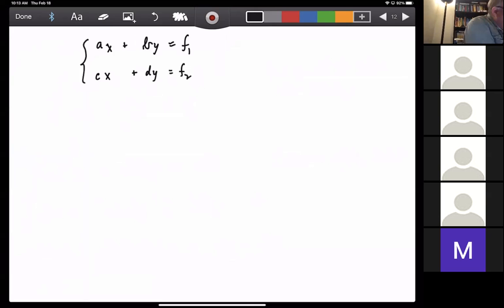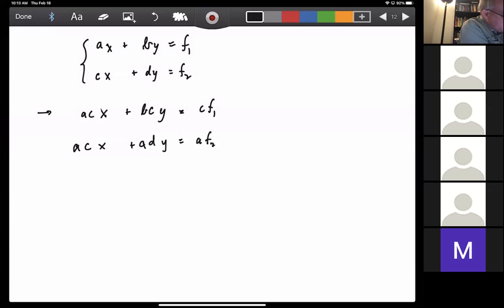Okay, so if we multiply the first equation through by C, and multiply the second equation through by A, notice now we can subtract to get rid of the x terms.